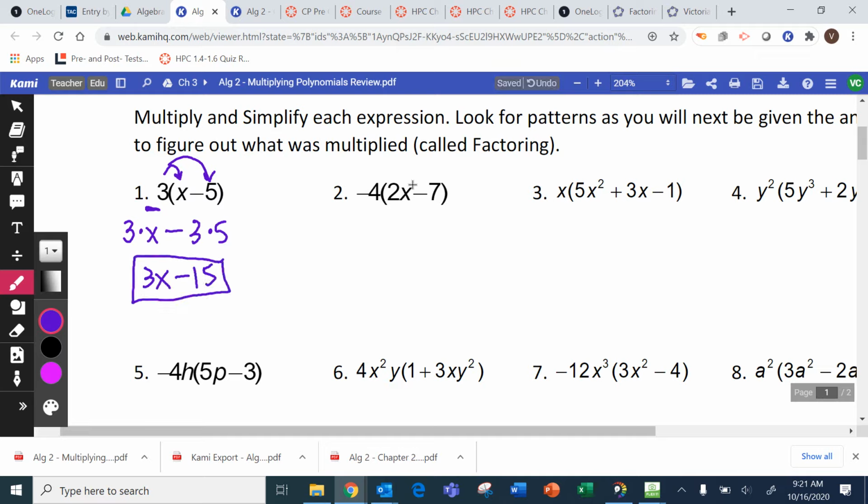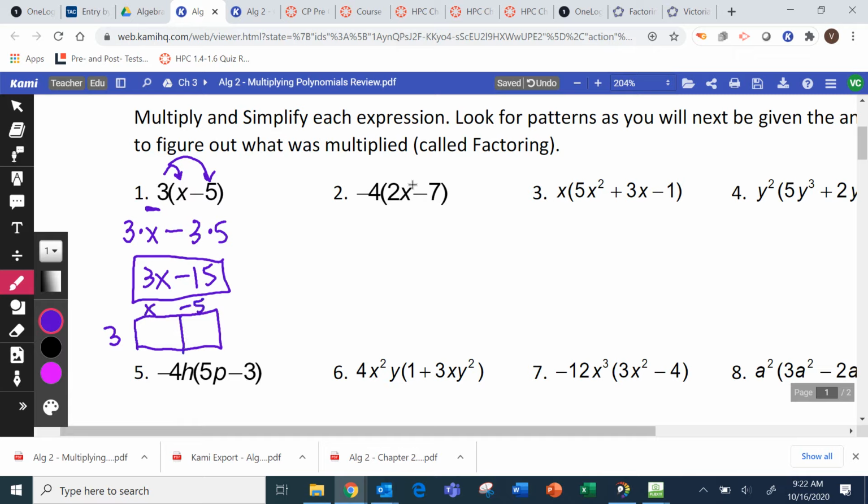I walked around, the majority of you had no problems doing that. There is another way that we could show this. We could show it using a rectangle, kind of like area. We could show this with a 3, and up here an x, and a minus 5.